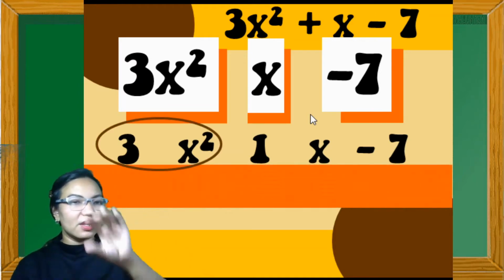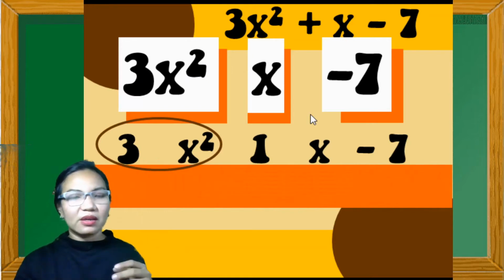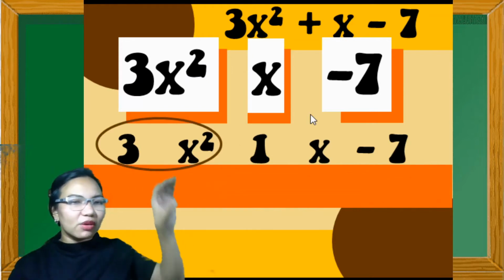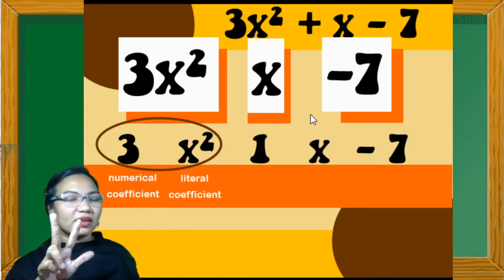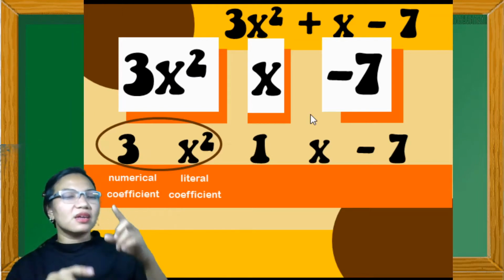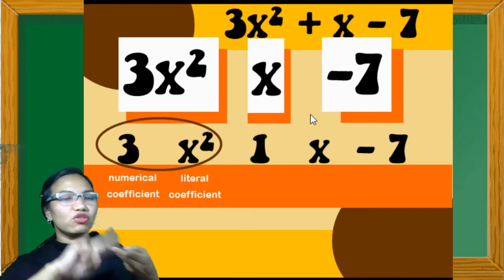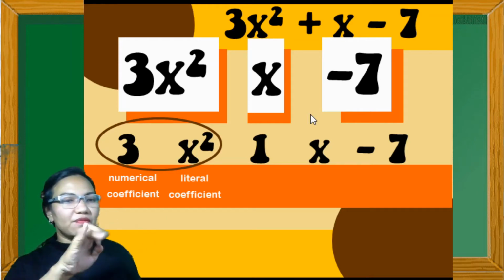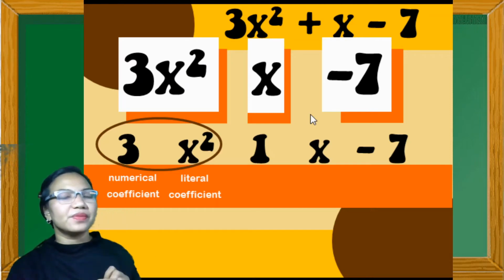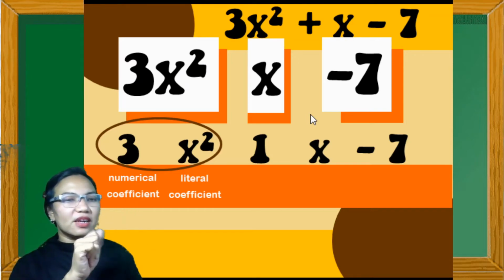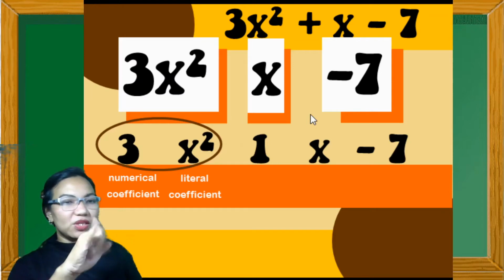So circular, again, let's go back. What about this circular here? That 3 there is the numerical coefficient, and then followed by x squared, that is the literal coefficient.